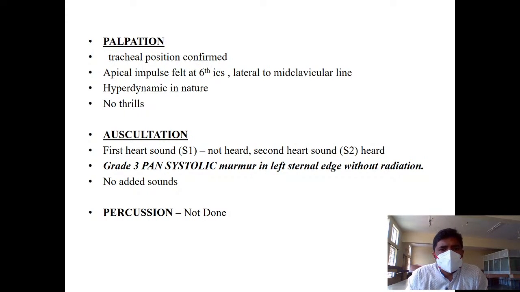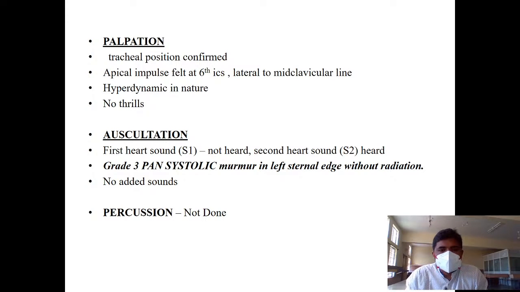Here you might think that in history we concluded that the child has a severe CCF, but here the murmur is only grade 3. Usually we think that if the shunt is severe, you have a higher grade of murmur, but that is not the case.